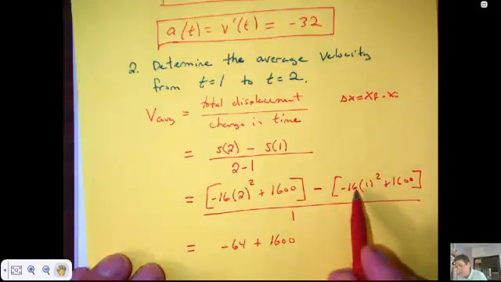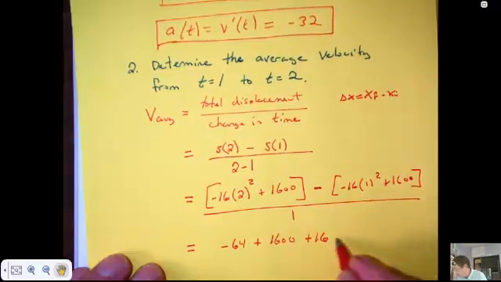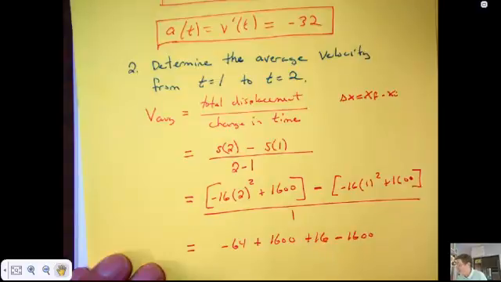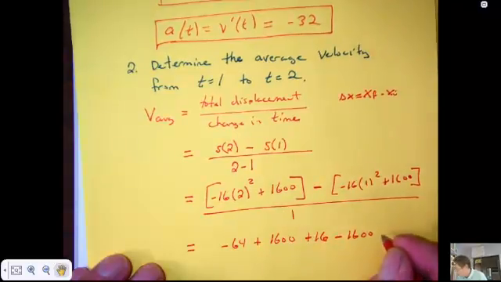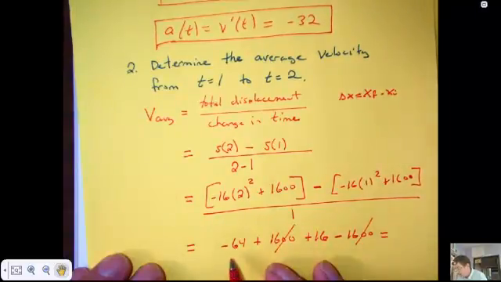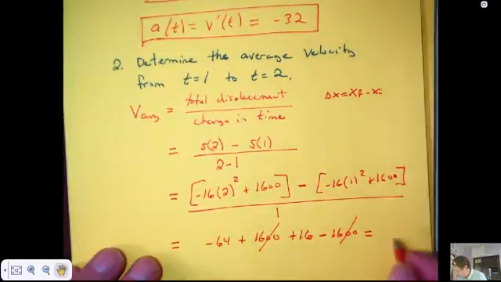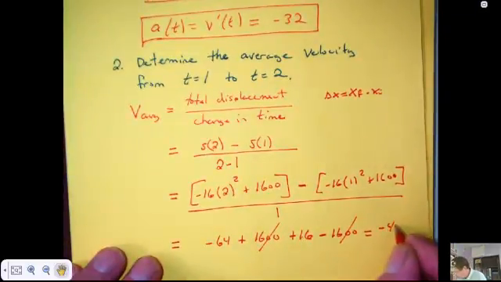Negative times the negative 16 would be plus 16 minus 1600. So actually this isn't too bad, right? Because this cancels out, and negative 64 plus 16 is negative 48.